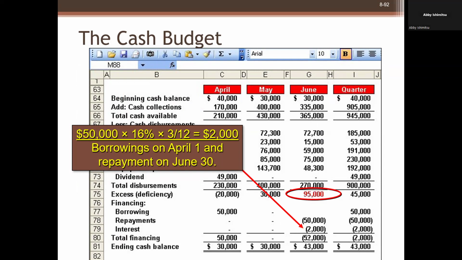And then this 2,000, it looks like the company only borrowed the 50,000 for 2 months, but remember, you borrow on the first day of the month, which would be April 1st, and you pay back on the last day of the month, which would be June 30th. So April, May, and June is 3 months. So there's our annual times 3 months is 2,000, and that's a cash outflow for interest. Okay. All right. And then the totals.